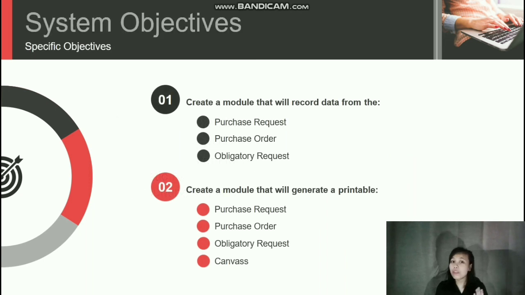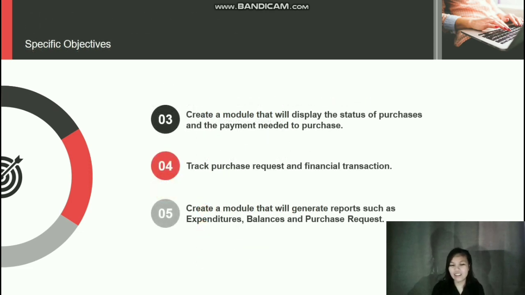The project is specifically aimed to, first, create a module that will record data from purchase request, obligatory request, and purchase order. Next, create a module that will generate a printable purchase request, obligatory request, purchase order, and canvas.